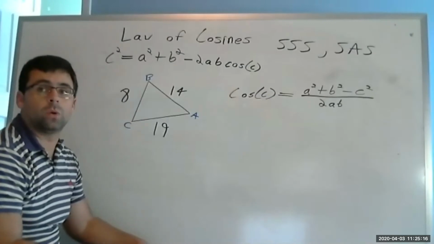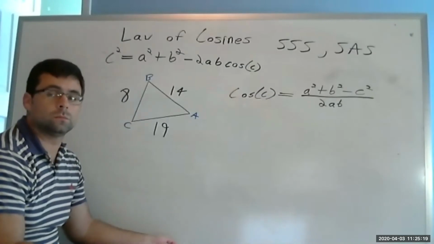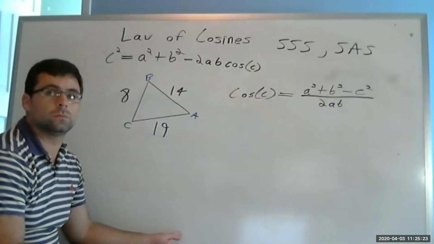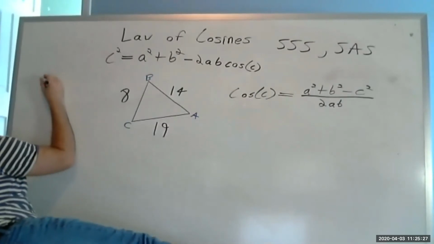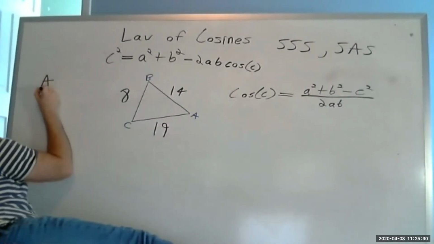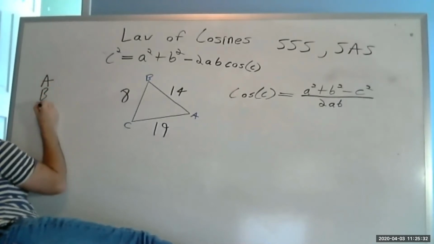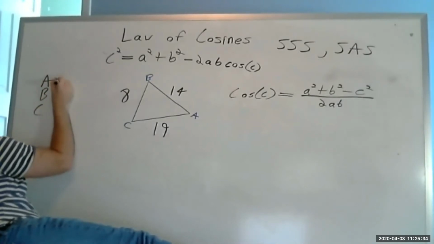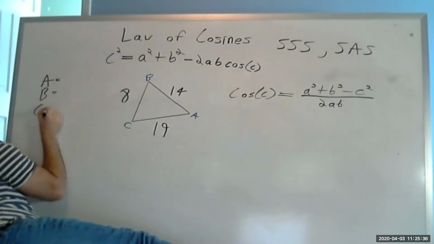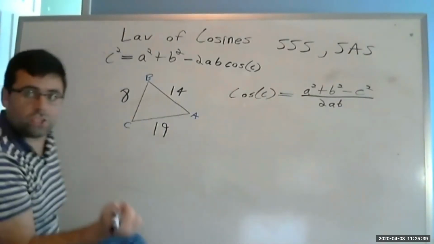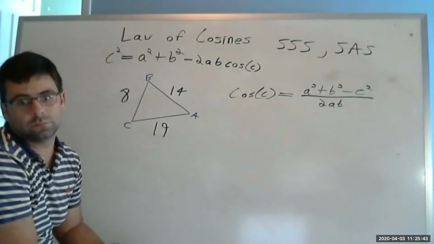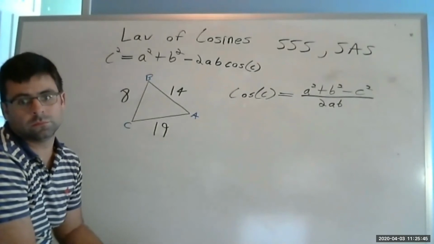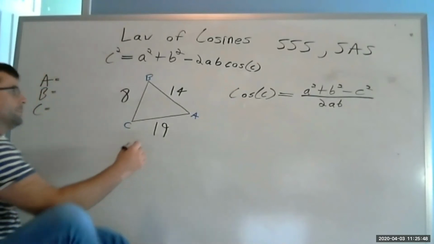Okay, so what are we looking for? The angles. So we're looking for angle A, B, and C. All right, so which angle do we want to find first? C. You want to find C first? Okay.